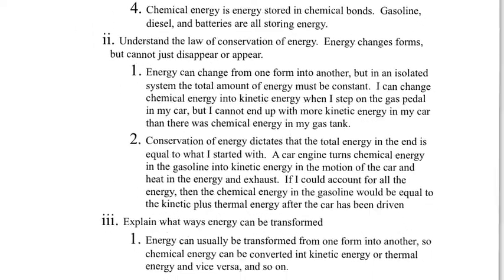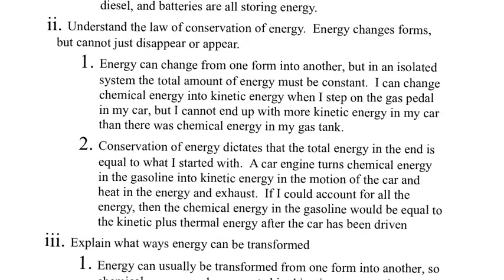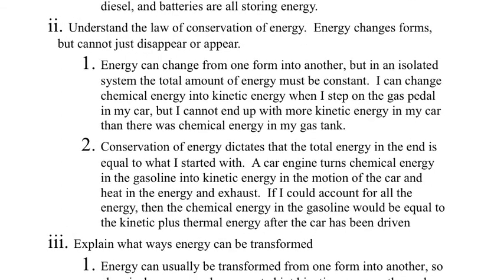So one of the laws that's involved with energy is called the law of conservation of energy. And basically what that says is if you have an isolated system, you can change your energy from one form to another, but you can't create or destroy energy. So for that rock on the top of a mountain, if you think of that as a system, well, it's got a whole bunch of gravitational energy at the top, and it's kind of stuck with that.